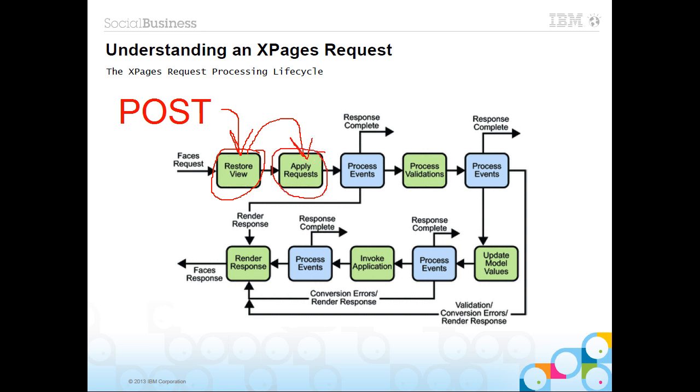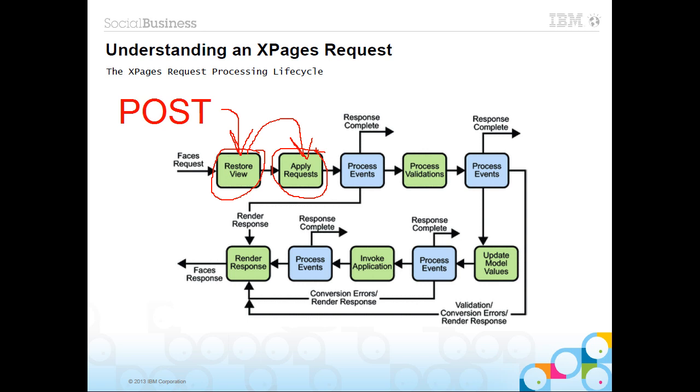In the apply request values phase, what the XPages runtime is doing is extracting the incoming values for each of the edit boxes that we've seen inside the add member form, and trying to apply them against the in-memory components that represent those edit boxes within the component tree.